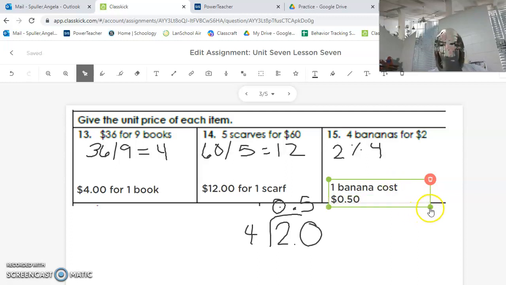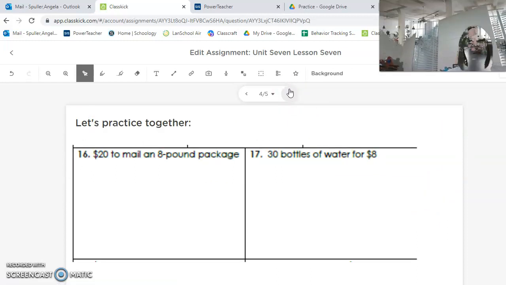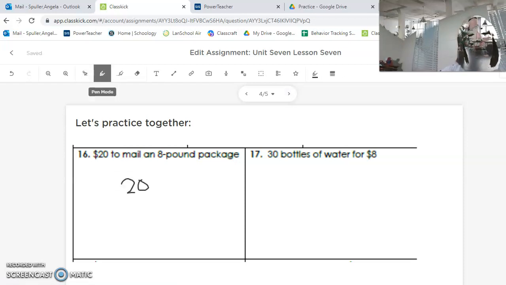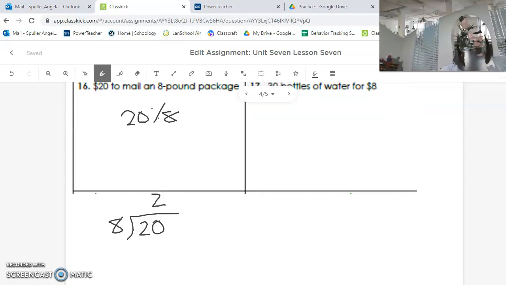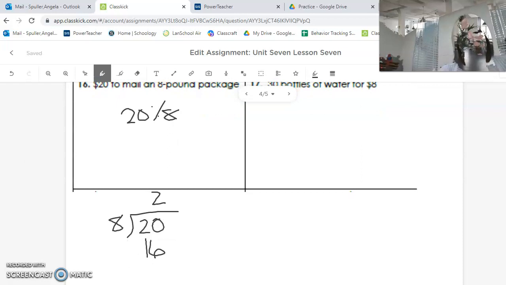Okay, great job. Let's go practice some more. All right, $20 divided by 8. Oops. Okay, so let's go down here. 20 divided by 8. 8 goes into 20 2 times. That gives me 16.